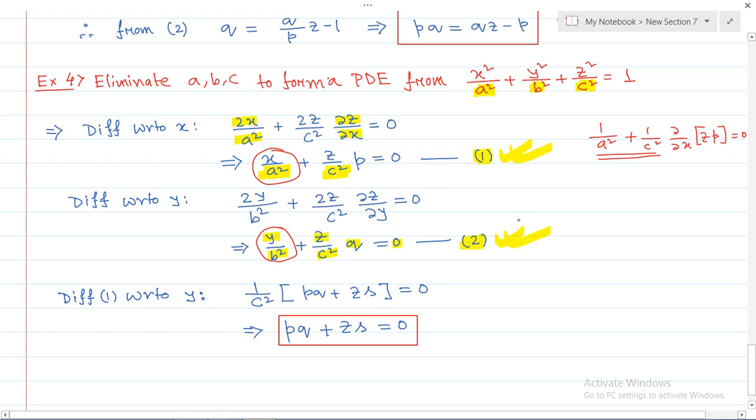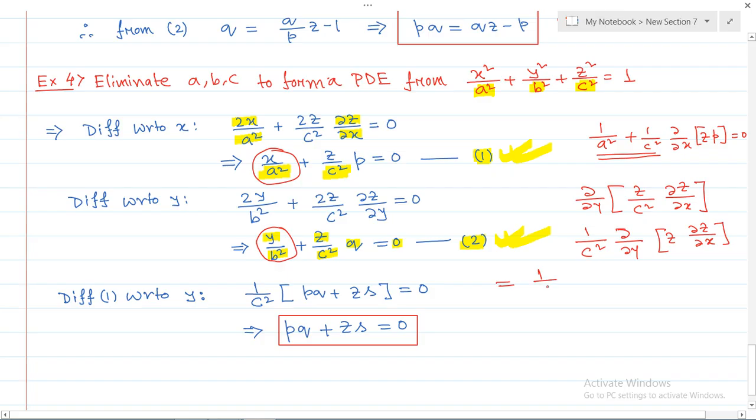So let me do the derivation here. If we do del y of z upon c square into p, where I am writing p as del z del x, then 1 by c square will come outside, and del y of z into del z del x will remain. Now to differentiate this, we have to apply the uv rule of the derivative: u constant, derivative of v, plus v constant, differentiation of u.